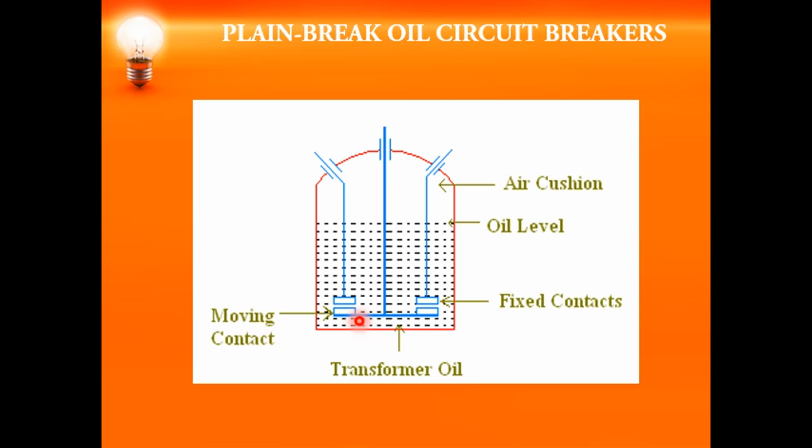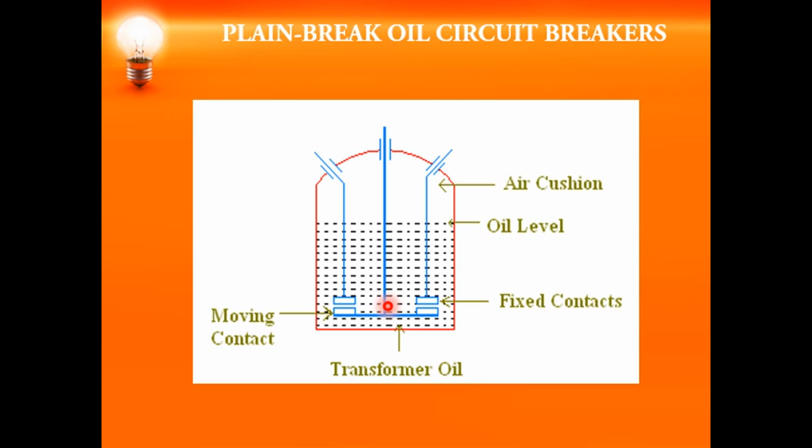The gas which is obtained from the oil is mainly hydrogen. The volume of the gas produced will be around 1000 times that of the oil which is decomposed. Once the gas is formed, it pushes away the arc. The oil will be pushed away from the arc and the gaseous medium will be surrounding the arc.